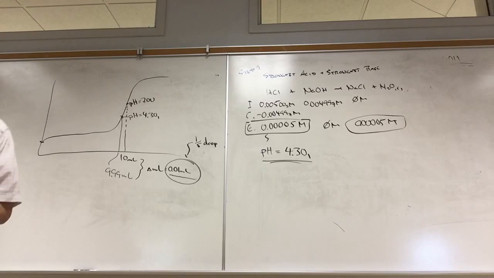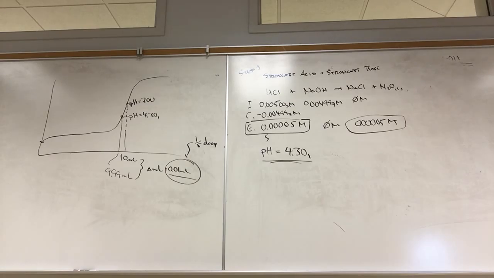Is it possible to get 1/5 of a drop? If you're doing the titration, could you get less than a drop? It's possible. How do you get less than a drop? Well, this is a Chem 1A technique. In Chem 1A, to get less than a drop you rotate the valve and hang a partial drop on the tip of the burette.